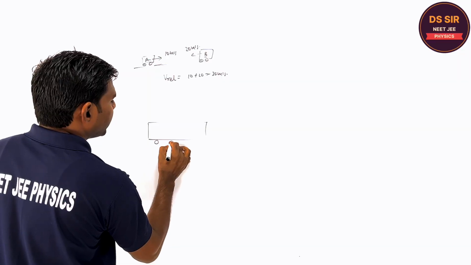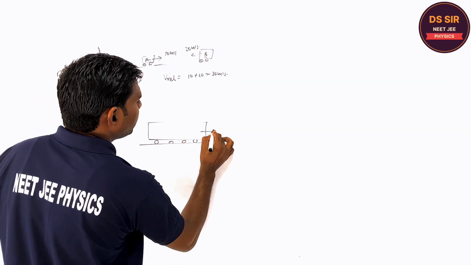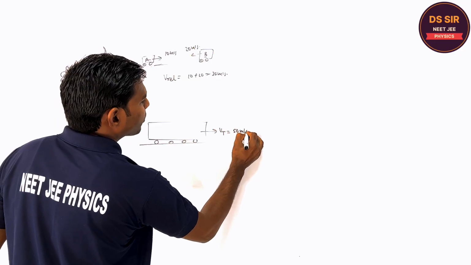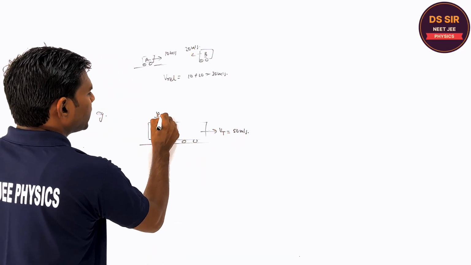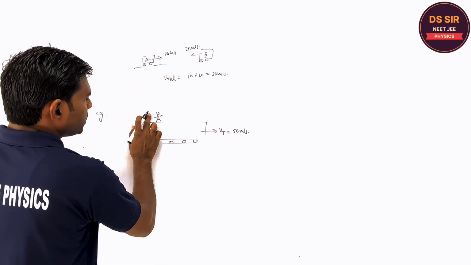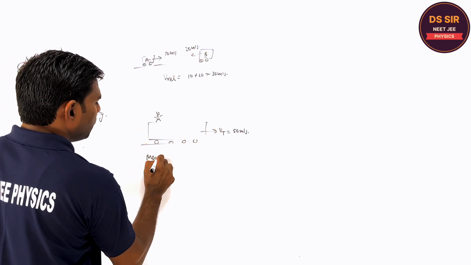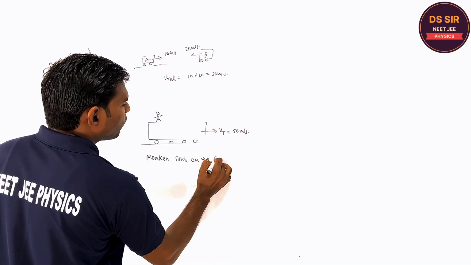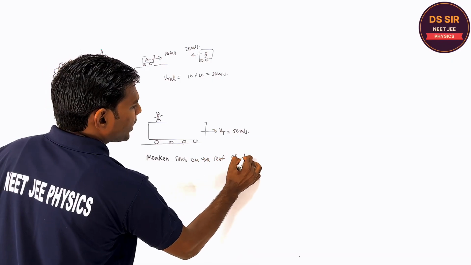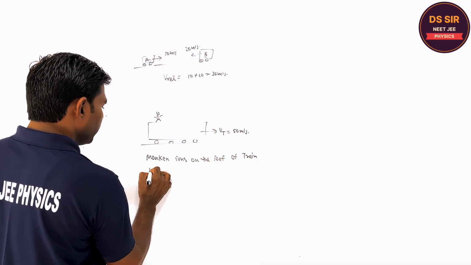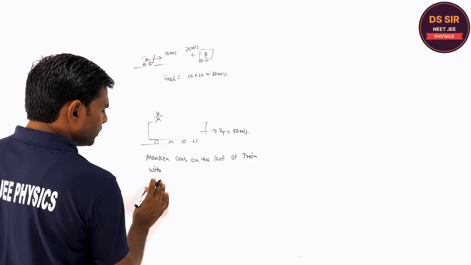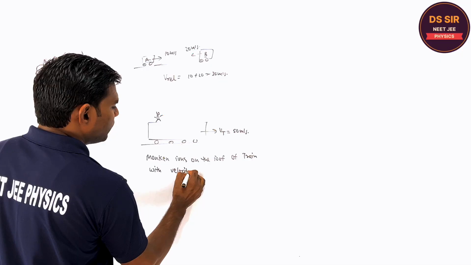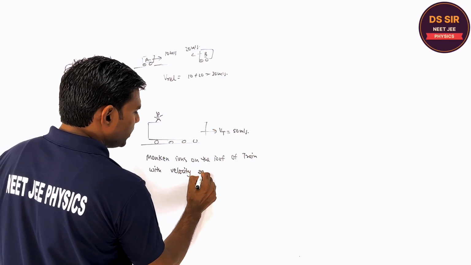Suppose there is a train, and this train's velocity is in the forward direction, suppose 50 meter per second, and there is a person or a monkey, you can assume. Now this is the monkey, right? The monkey runs on the roof of the train with speed 20 meter per second.